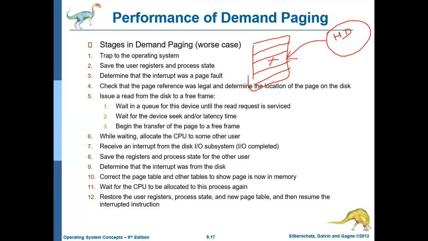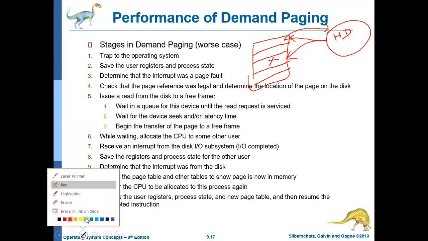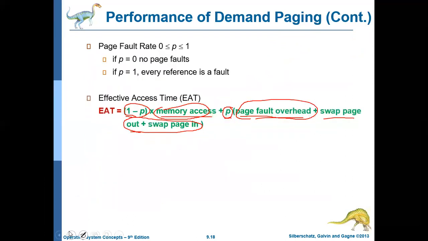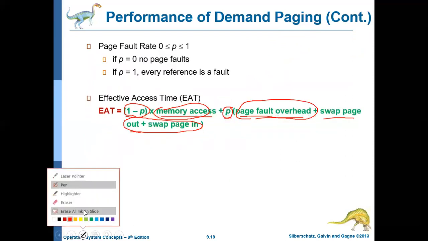But if there is no empty frame, then what should we do? Then we should do page replacement. One of the pages should be swapped out and this page should be swapped in. That will happen if there are no empty frames, and that is the other overhead involved.